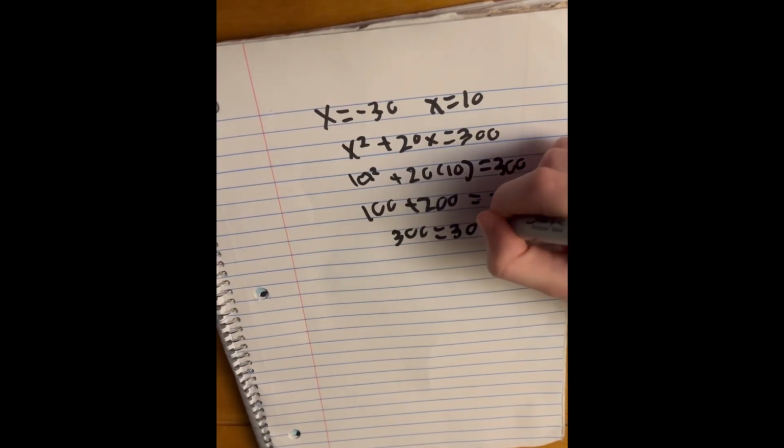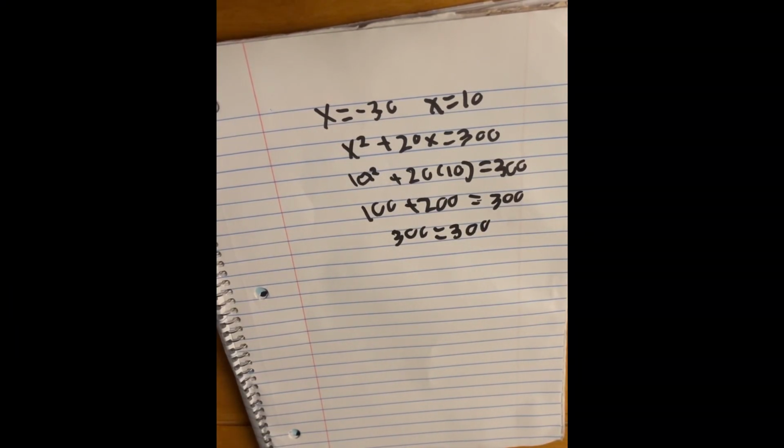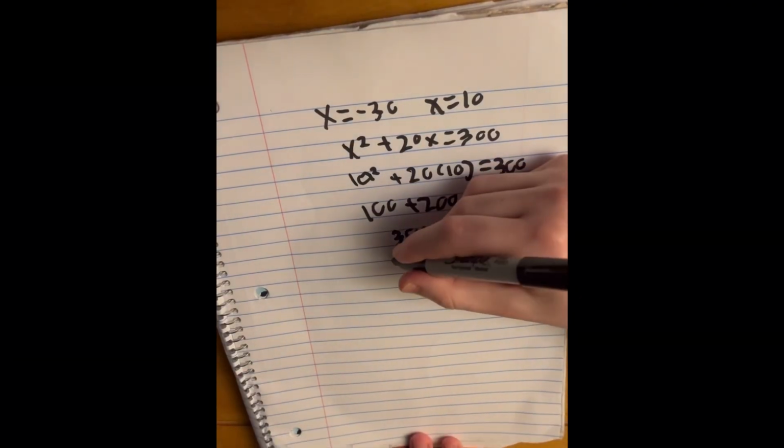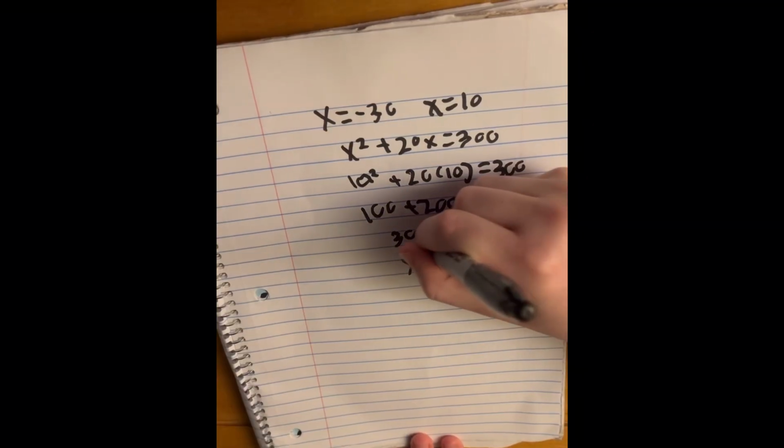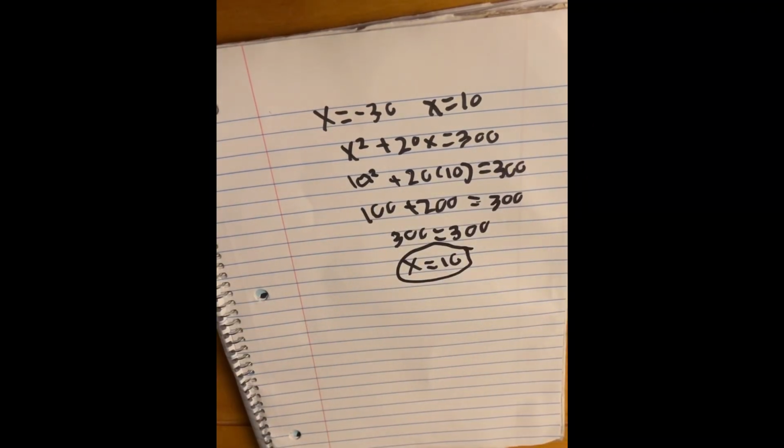It works out, giving us our solution x equals 10. The shorter side length of the house is going to be 10, and the longer side is going to be 30.